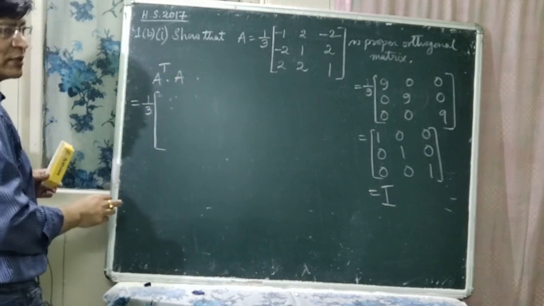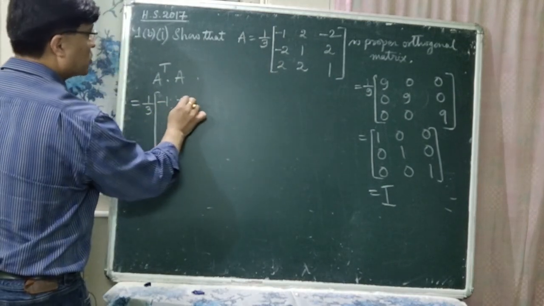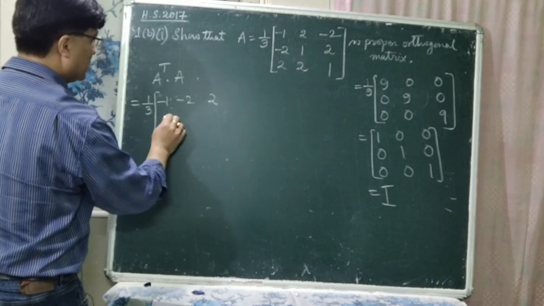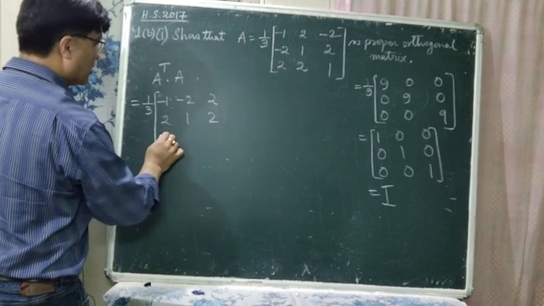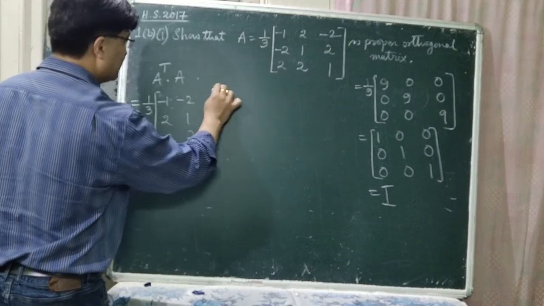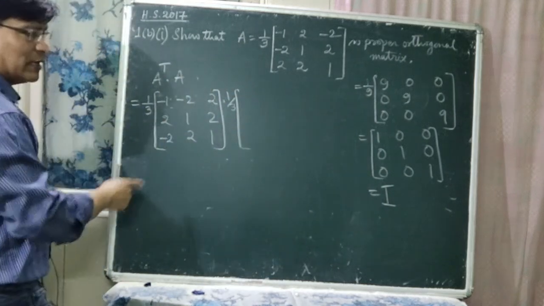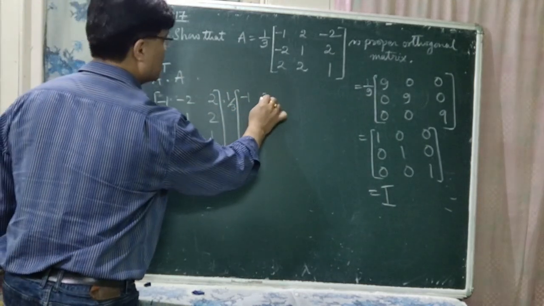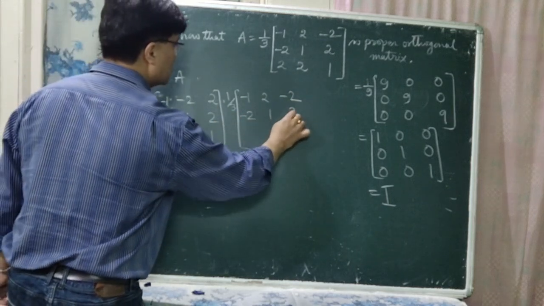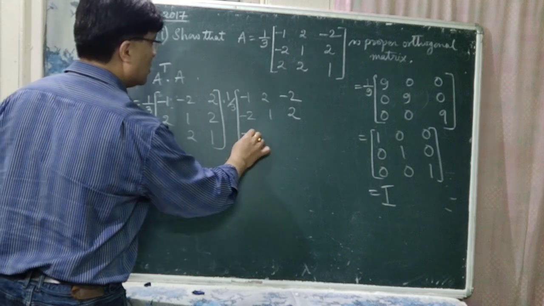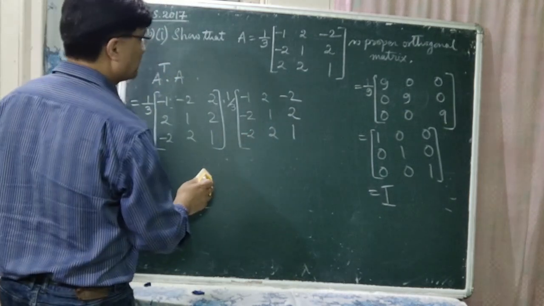Now transpose the matrix A. First column now becomes first row: -1, -2, 2, then 2, 1, 2, right? Third column becomes third row out here: -2, 2, 1, then again into 1/3. You copy that matrix A, 1/3, then -1, 2, -2, then -2, 1, 2, then 2, 2, 1. Oh, that is wrong.